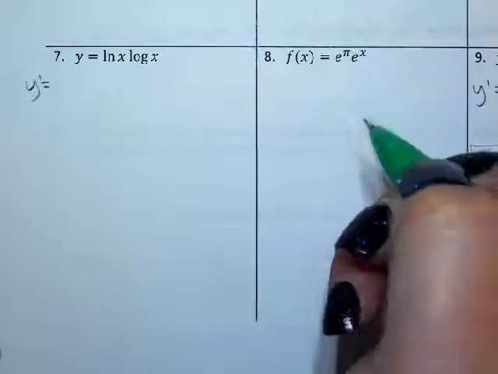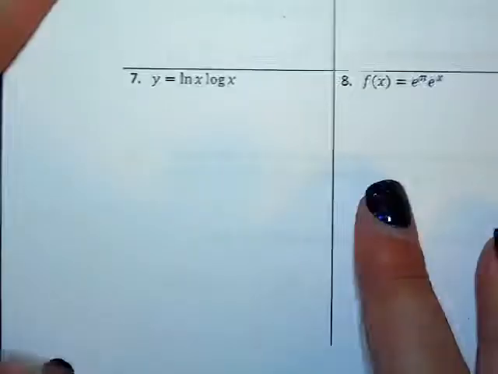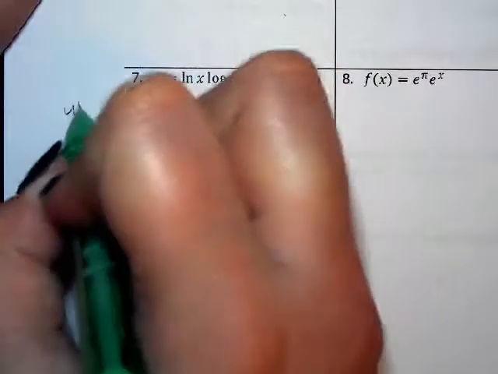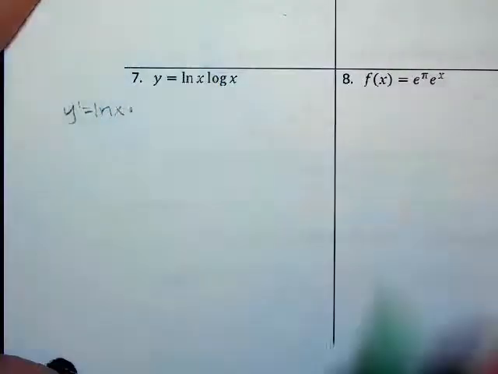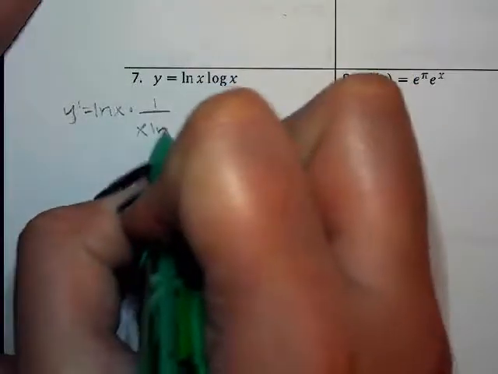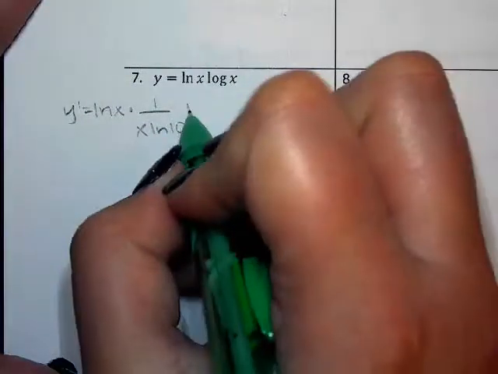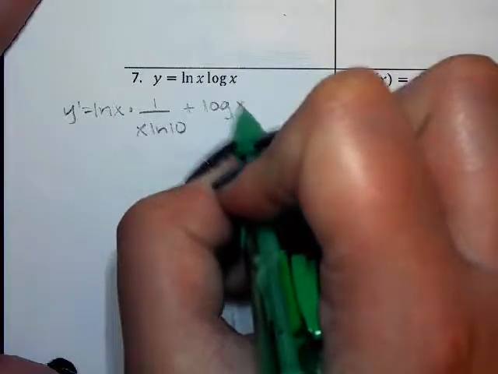I'm going to back way over here, give myself more space. Y prime is, okay, first times derivative of the second, which is, okay, plus times, okay.